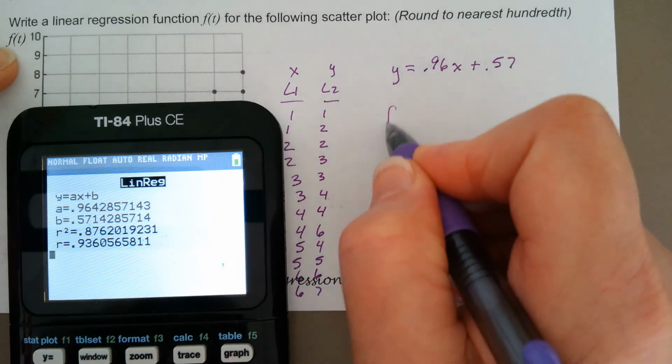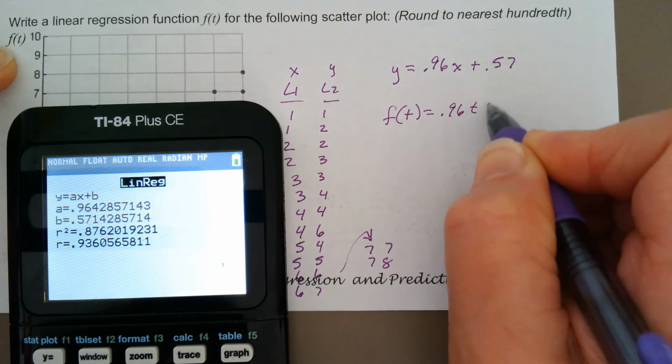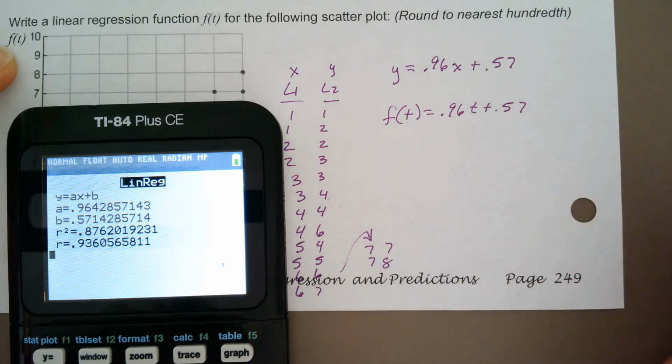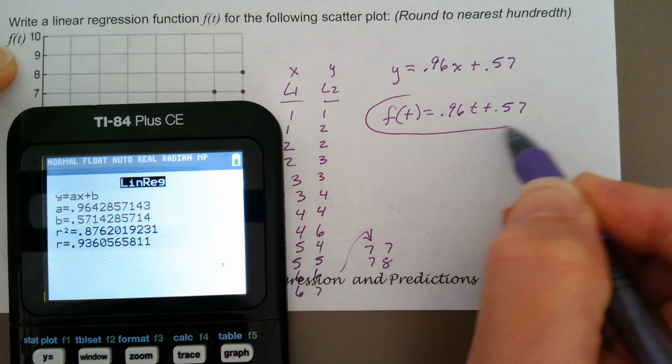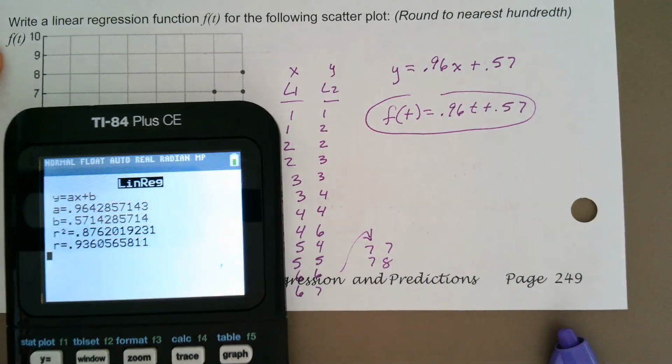And using the notation here, f of t equals 0.96t plus 0.57. And it has an R value of 0.93.